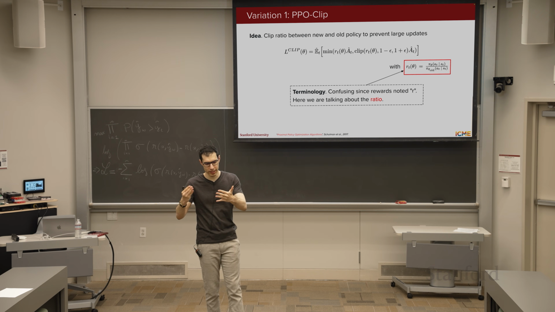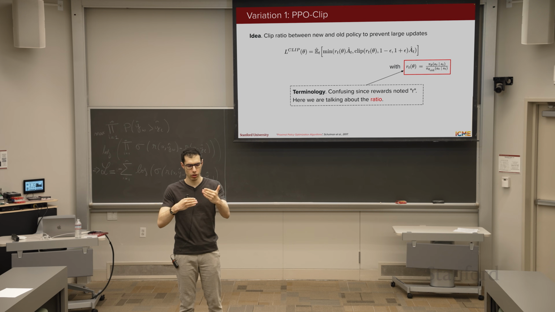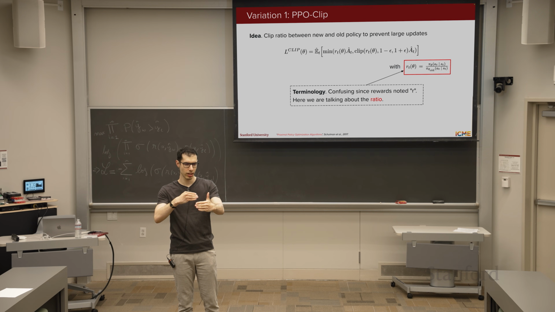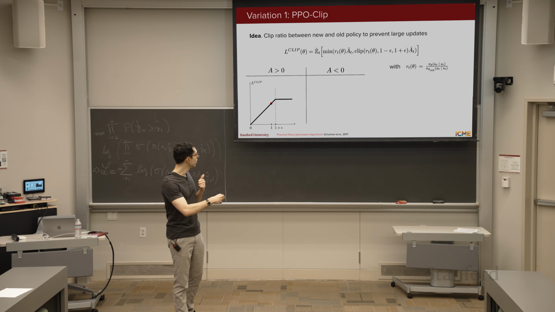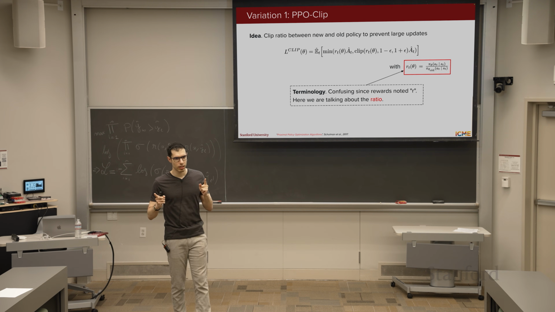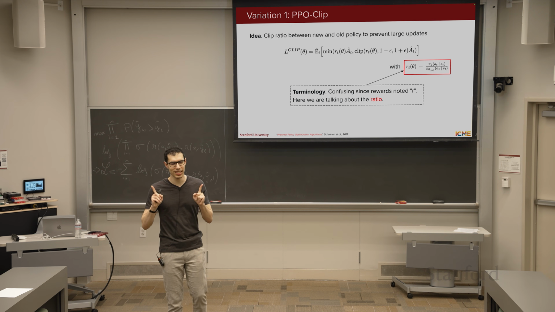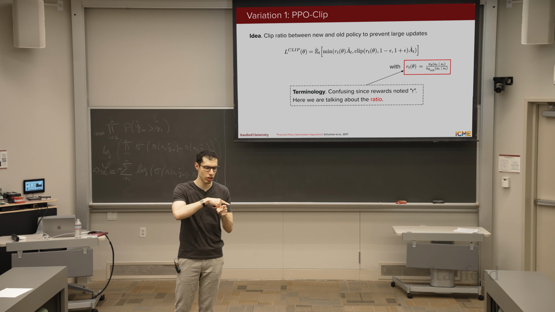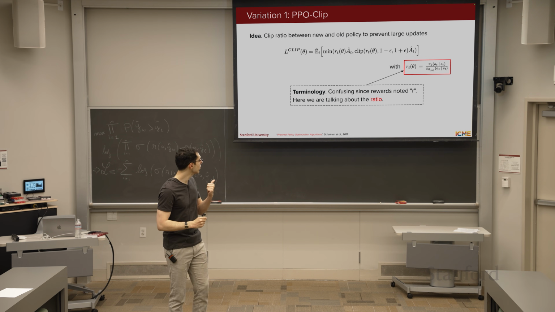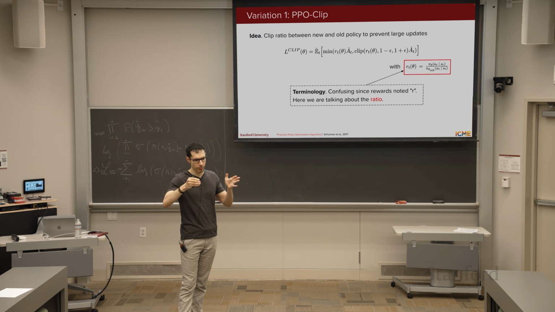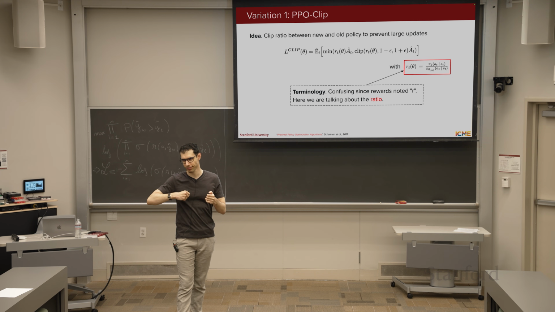So it quantifies how different your policy at the current stage is to your old policy. So here, when we say old, it's not the SFT model. It's the model at the previous iteration during the RL stage. Because here, what we want is for the policy to not have updates that are too wide. So far, so good?